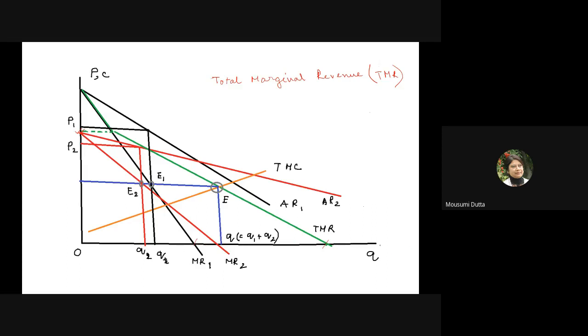Adding these two, I'm getting a point. Once I get the starting point and this addition, I can join these two points to generate TMR, the total marginal revenue curve. So please tell me whether you understood how we derive the total marginal revenue curve from MR1 and MR2.